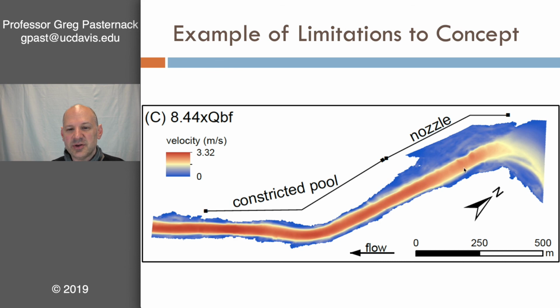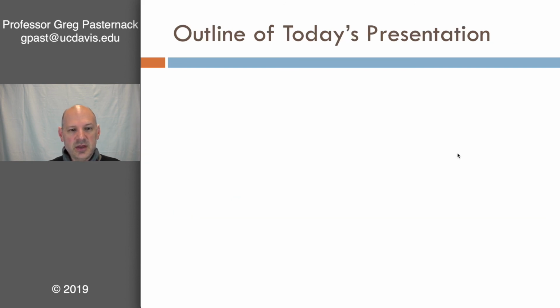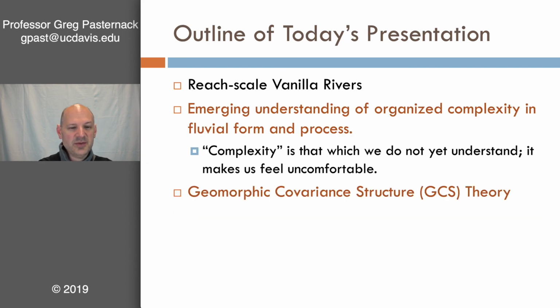So these shallow numbers times these deeper numbers on average are making a much shallower cross-section than the constricted pool. And that shallowness is beating the width in the product function to turn this into a nozzle. If we use a decision tree approach where both values had to be beyond the 0.5 standard deviation threshold, probably this classification would change.